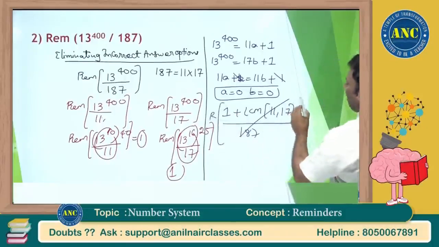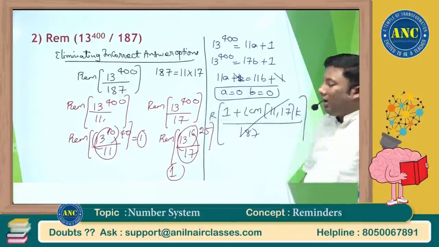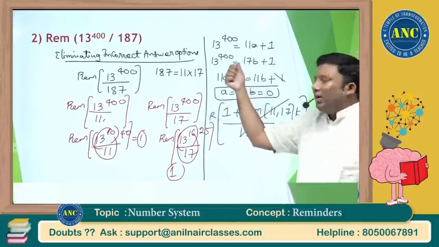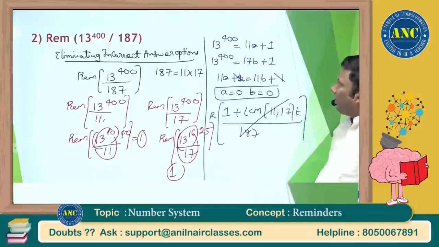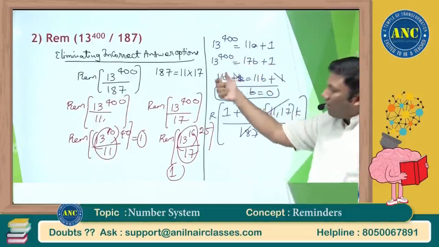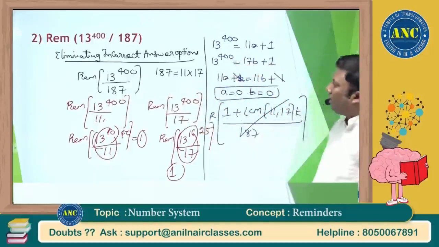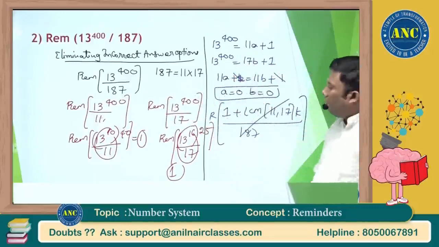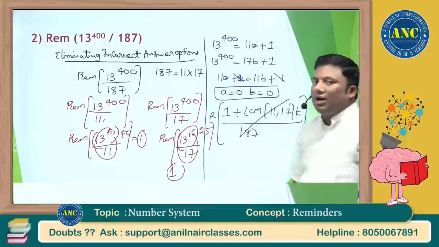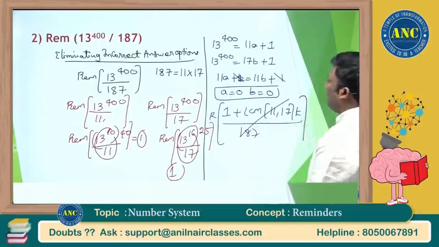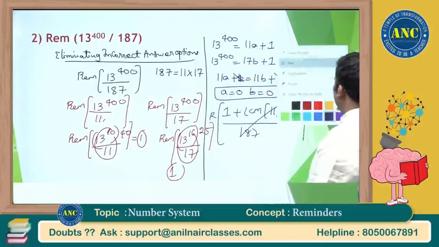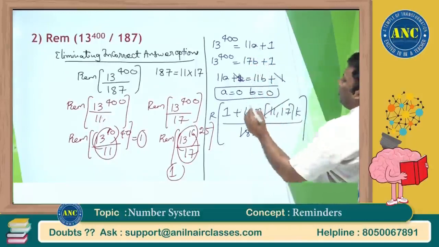13 power 400, when divided by 11, gives a remainder 1, and when divided by 17, gives a remainder 1. Both represent 13 power 400: 11a plus 1 equals 17b plus 1. The 1 cancels, and the lowest value is a equals 0, b equals 0. Both give the same positive remainder.